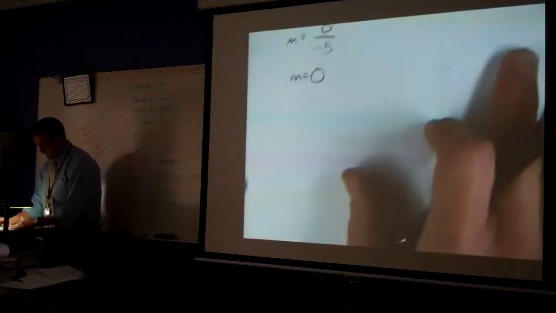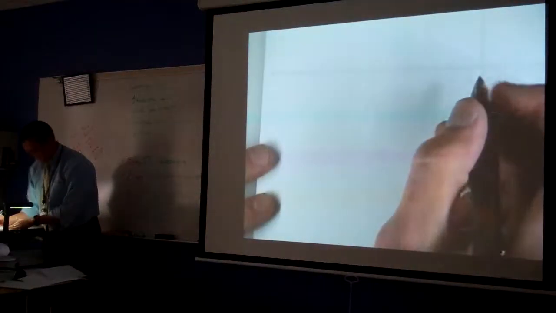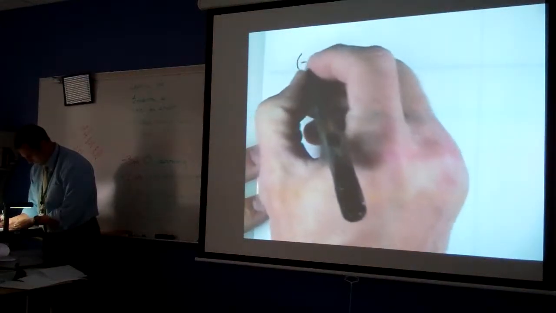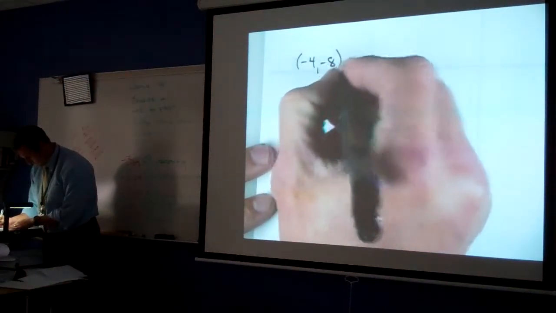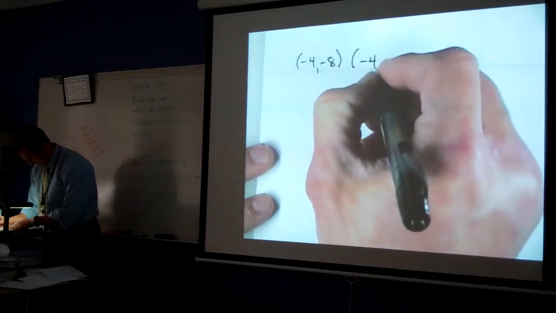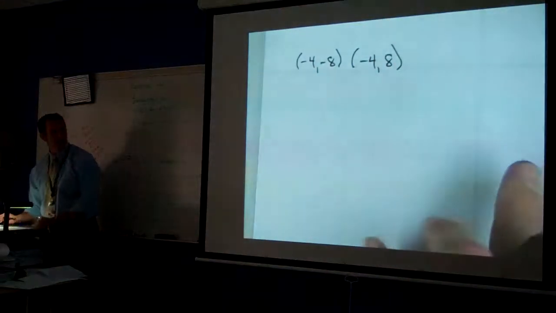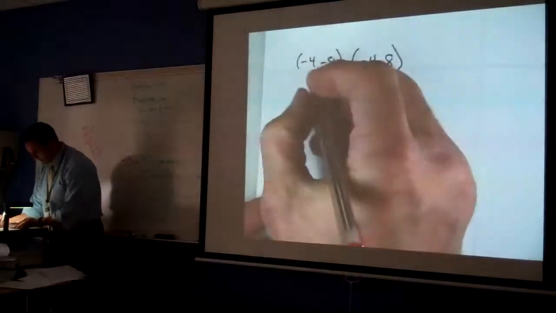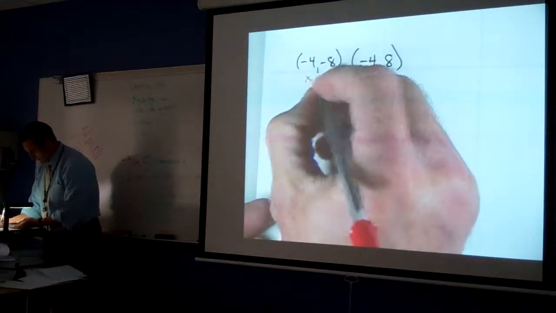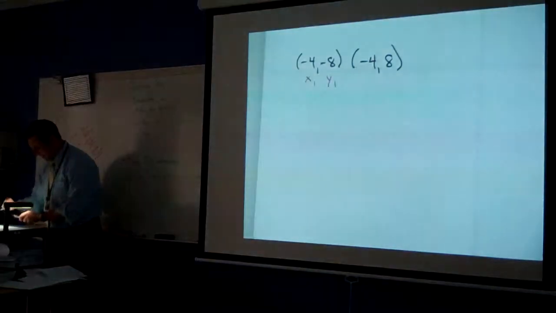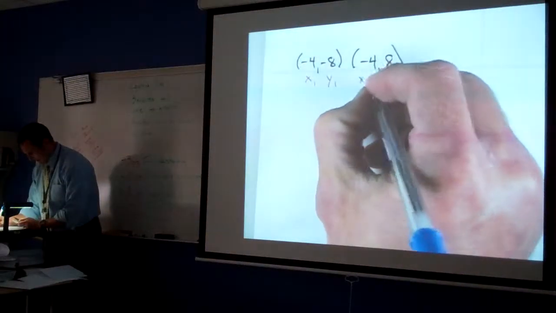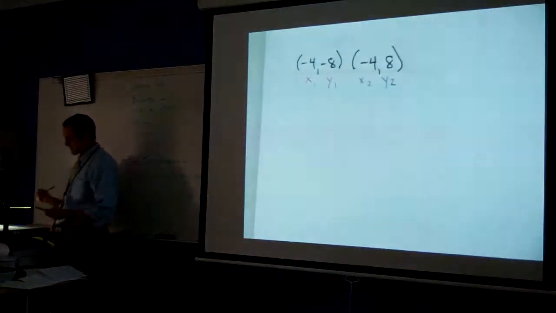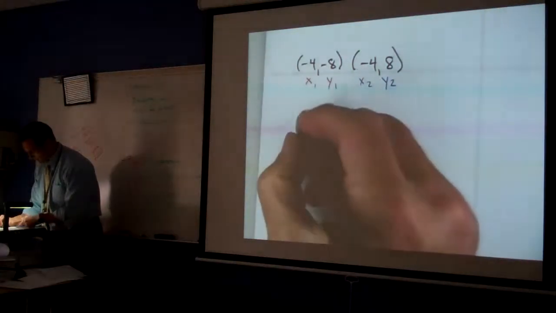Let's do another example. Let's say we have the ordered pairs -4, -8 and -4, 8. Find the slope of the line going through those two ordered pairs. We label our points x1, y1, and x2, y2. We recall the slope formula.